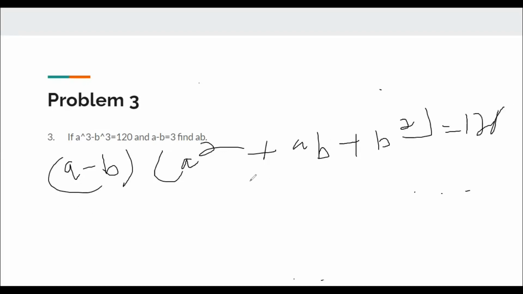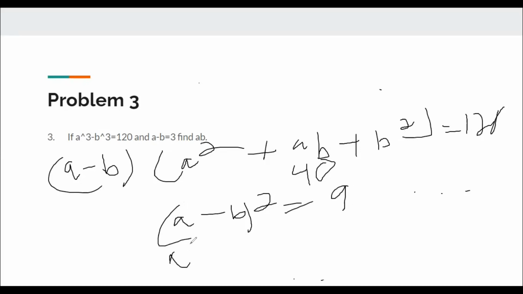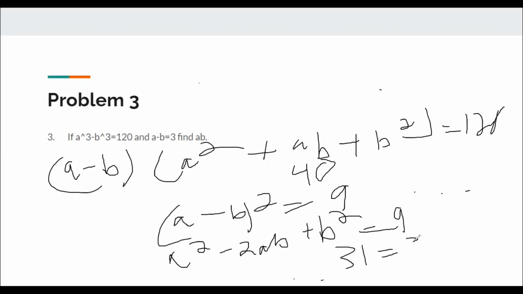Now a minus b whole squared is going to be equal to 9, or a squared minus 2ab plus b squared is equal to 9. And you know this is equal to 40. So subtract both these equations, and you're going to get 31 is equal to 3ab. And you're done. ab is equal to 31 over 3.